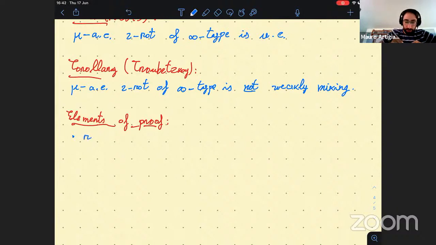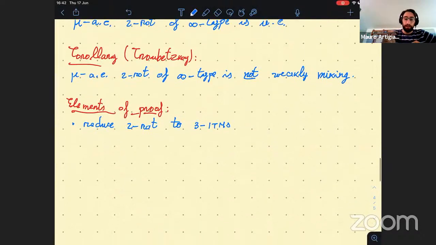So reduce double rotations to IETs on 3 intervals. And then when you have IETs on 3 intervals, you can introduce a simple Rauzy-Veech induction, basically doing exactly what I explained to you before. And if you're a bit careful but not too much, you can show that this is well defined and you don't increase the number of intervals.